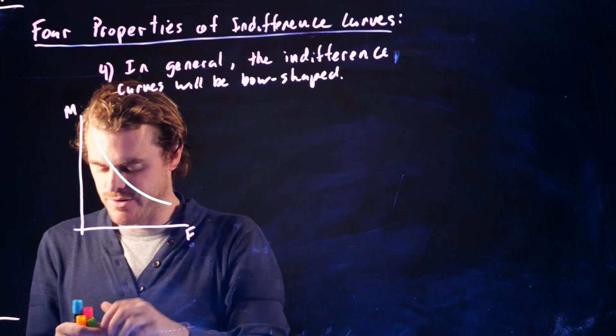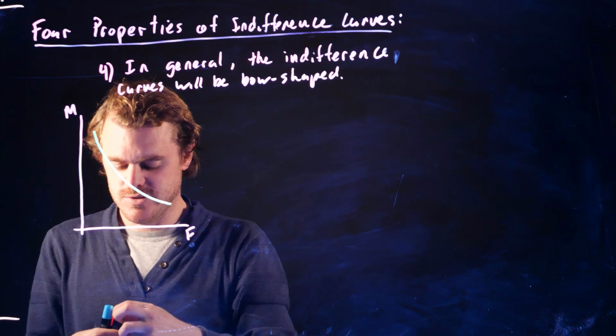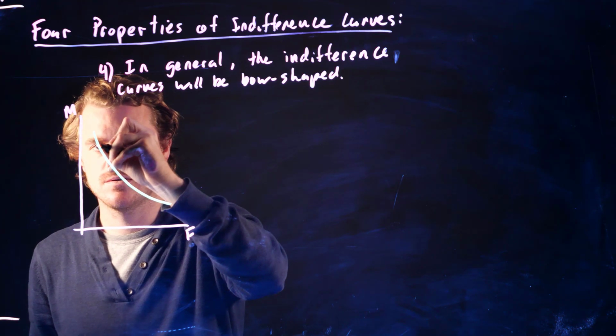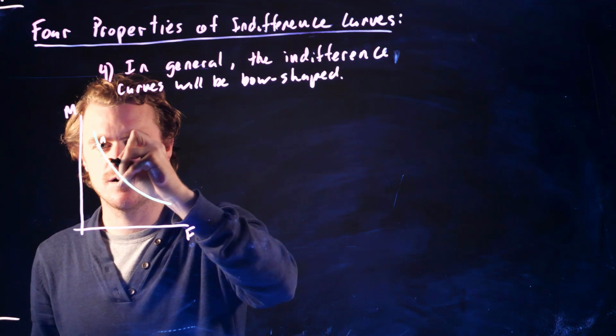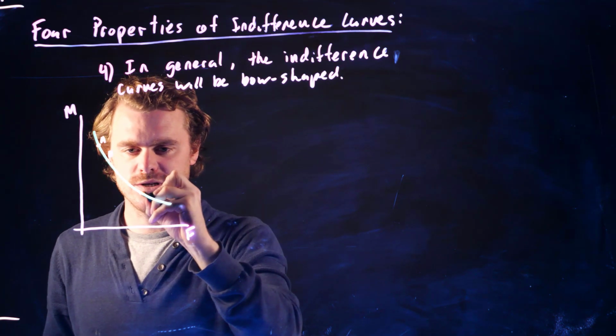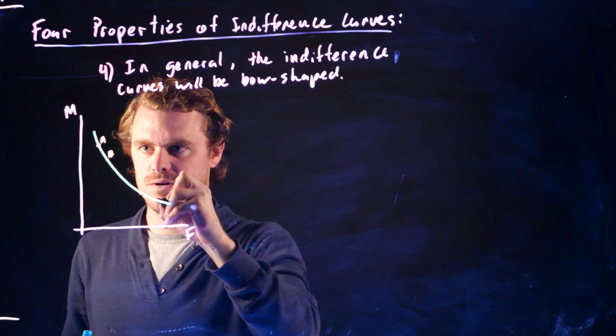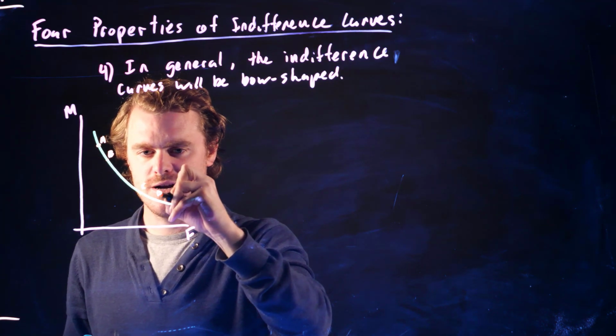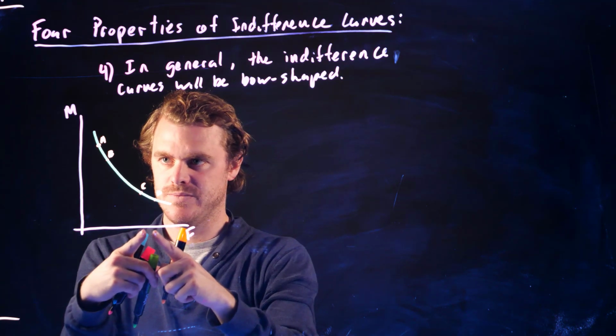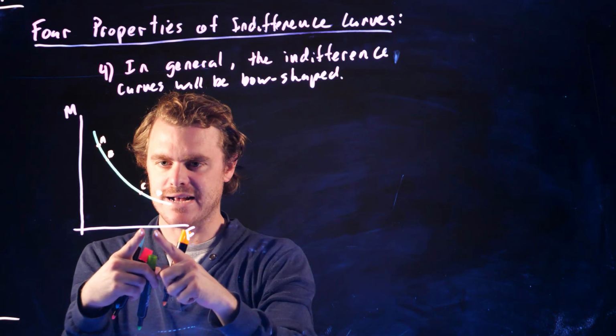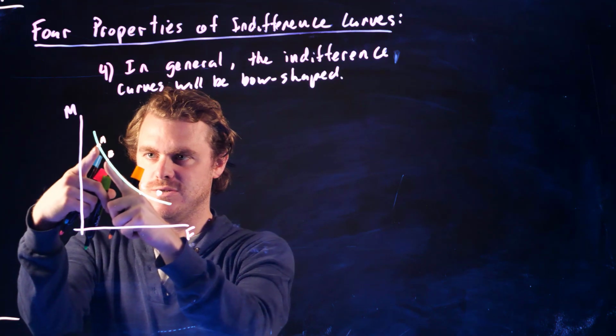And so let's think about two different points, point A here and point B here, then we'll talk about two different ones down here. And I'm trying to make it so the difference in the quantity on the x-axis between these two is the same.